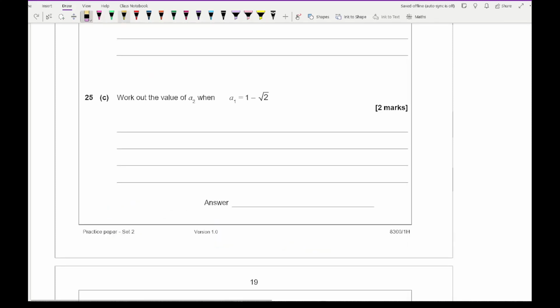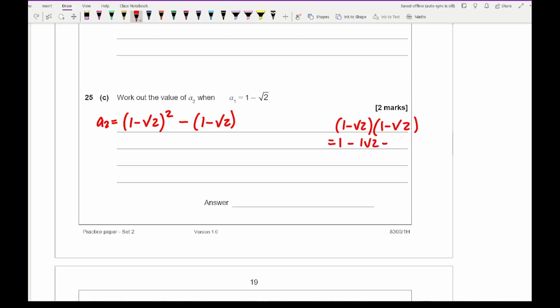Now looking at question 25c, it says work out the value of A2 when A1 equals 1 minus root 2. So A2 equals the previous term, which is 1 minus root 2 squared, minus the previous term, which is 1 minus root 2. Now from this, if I just work on the side, 1 minus root 2 squared is 1 minus root 2 times 1 minus root 2, which gives me 1 minus 1 root 2 minus 1 root 2 plus root 4, which gives me a total of 3 minus 2 root 2.